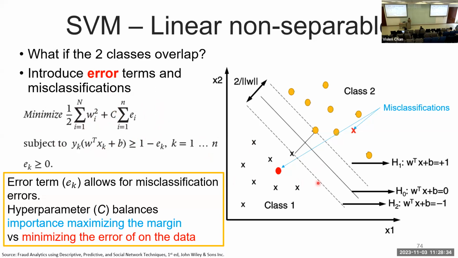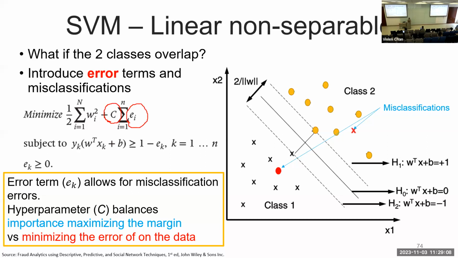But the idea is, if you have linearly non-separable cases, there is something called the error term. The error term is about the misclassification. And we also have the C here, which is what we call the hyperparameter.